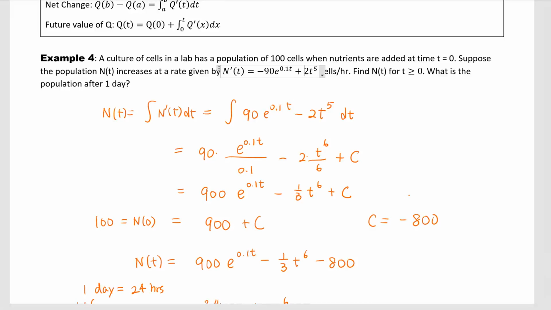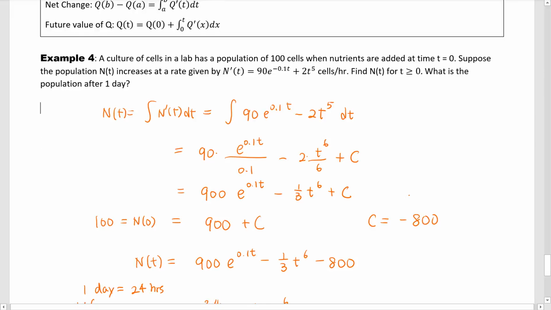So this should be, oh sorry, let me see. Okay, the negative is not there. So the negative should be here. Okay, so how will this change our problem?